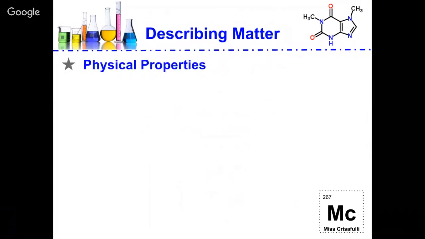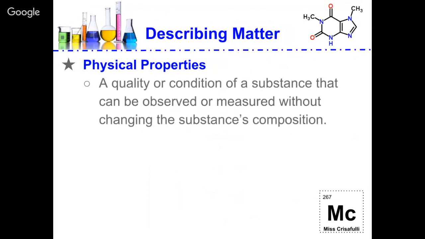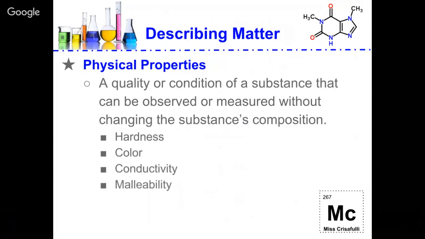So we can describe matter using their physical properties. A physical property is a quality or condition of a substance that can be observed or measured without changing the substance composition. So hardness, color, conductivity, malleability, melting point, boiling point.